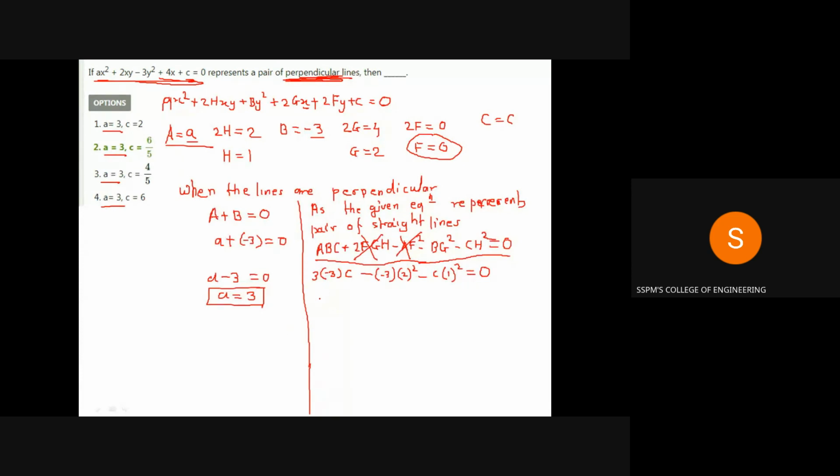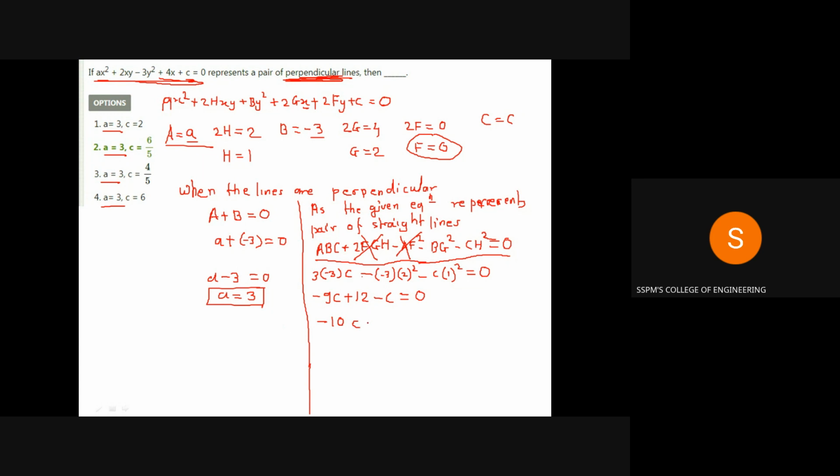So for the next line we get minus 9c, plus, since minus minus becomes plus, 2 square is 4, 4 into 3 is 12, then minus 1 square is 1, so minus c, equal to 0. Minus 9c minus c is minus 10c.